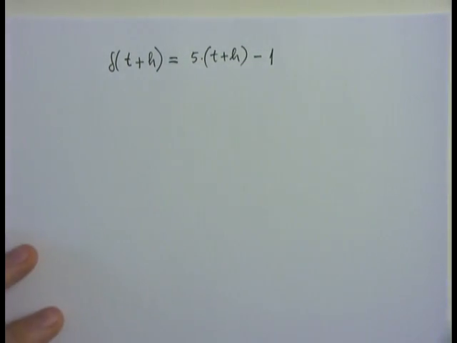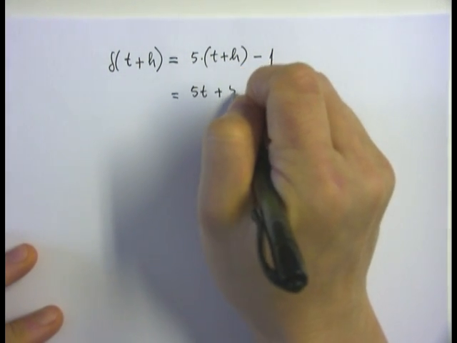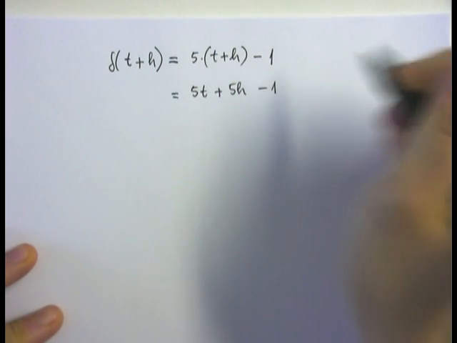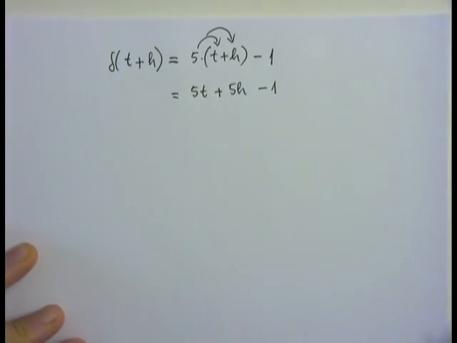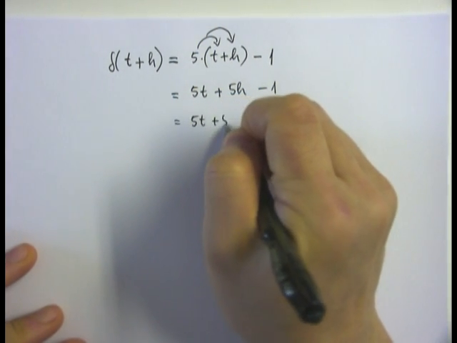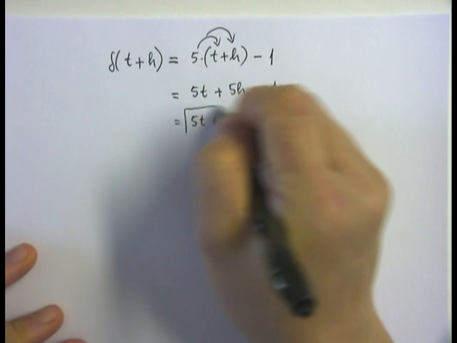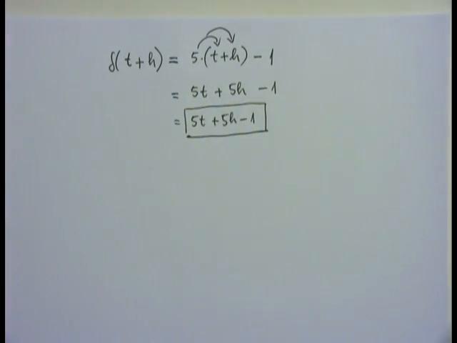And so now we can go 5t plus 5h minus 1, because we can do the little distributive law by multiplying 5 to each term in the parentheses. Here I have simply 5t plus 5h minus 1, and we can't really simplify any further because there are no like terms.